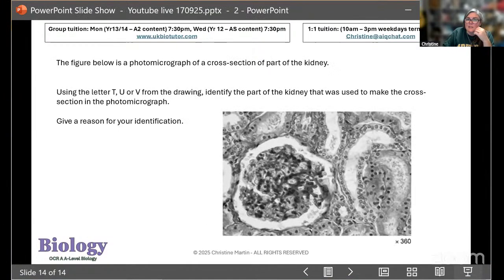So this is the next one. And it wants you to use those previous letters. So you've been given a cross section of the kidney. You've been told that you want to use the letters T, U, or V from the drawing.